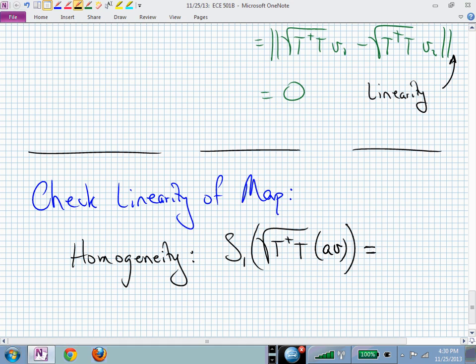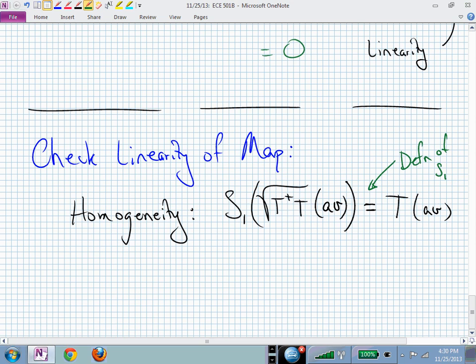But what do we know about this from just the definition of S1? It needs to be equal to T times AV, right? By the definition of S1. So this is now true by our definition of S1. But now T is a linear map or a linear operator.